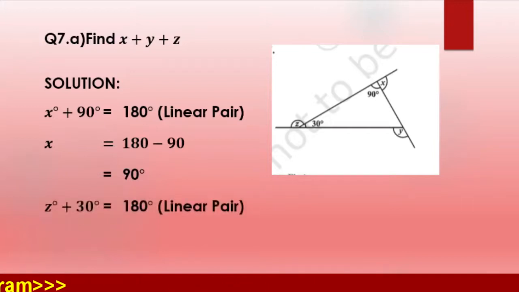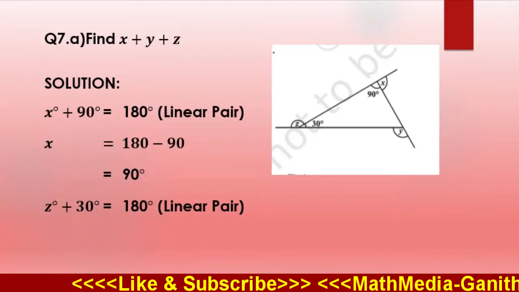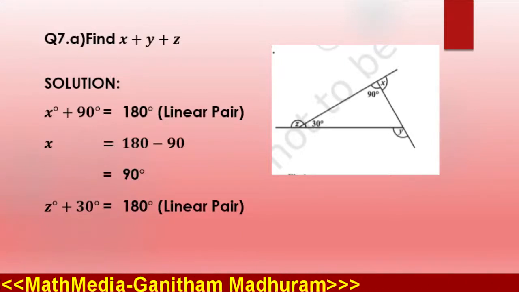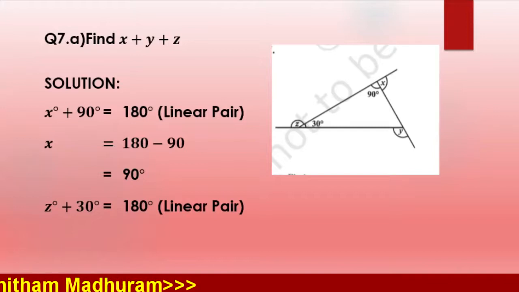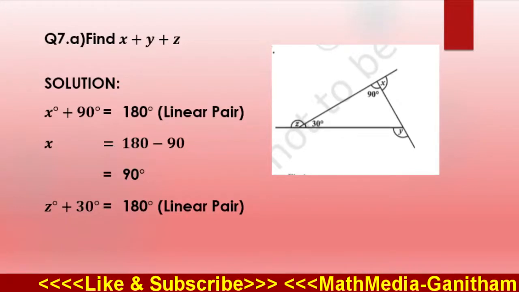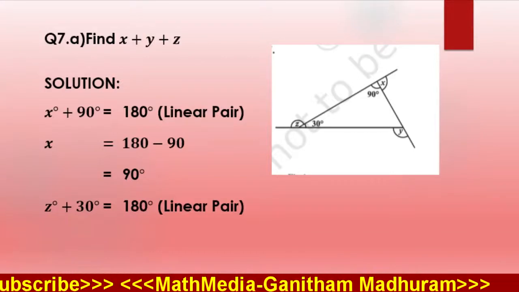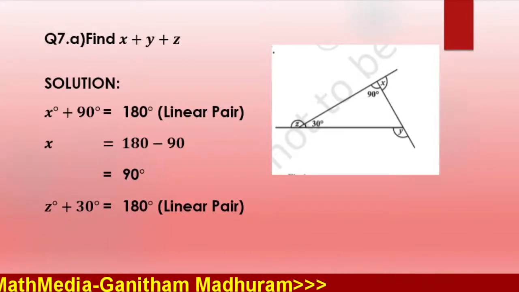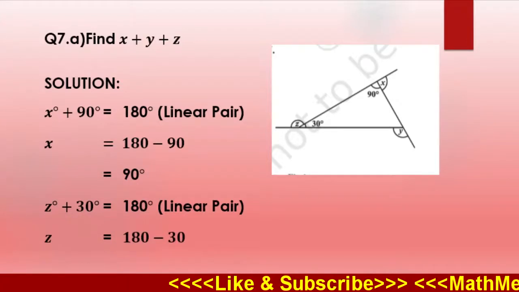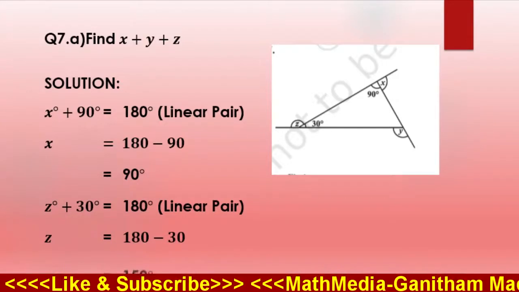Next, with the same reason, z plus 30 also form a linear pair. So angle z plus 30 degrees equal to 180 degrees. Reason, linear pair of angles. Hence z equal to 180 minus 30, that is equal to 150.